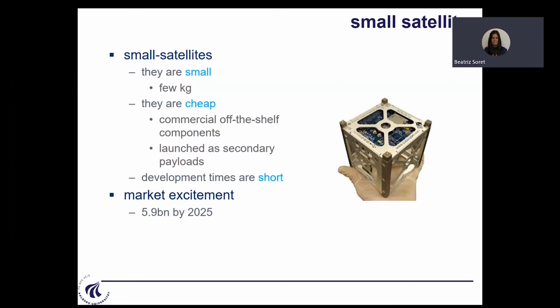Yes, so there is right now a lot of hype about satellite constellations, and one of the reasons is this technology of small satellites.